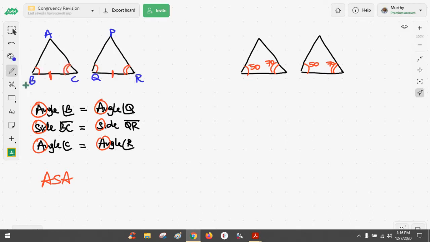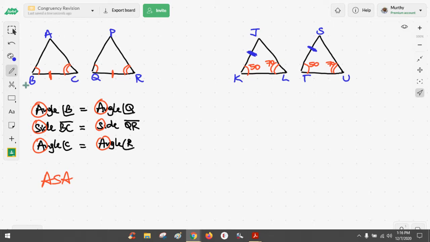Let's say that this is J, K, L, maybe S, T, U. Now I'm taking side JK and ST, these two are marked equal. So can I say that these two triangles are congruent?